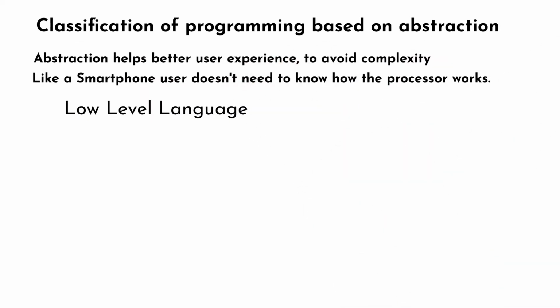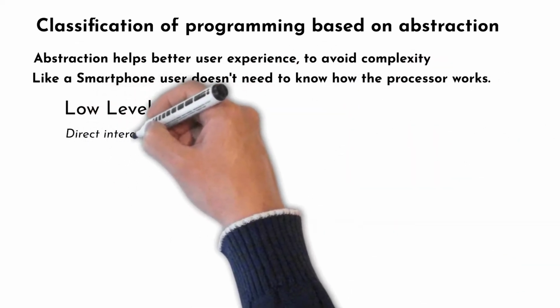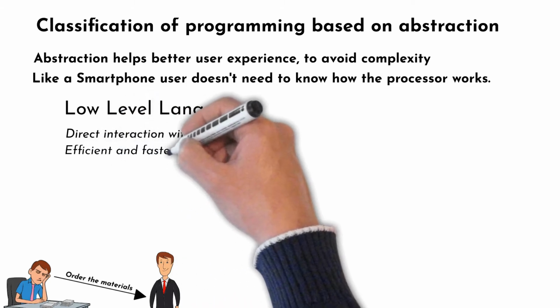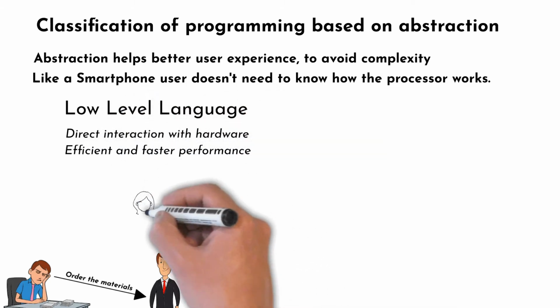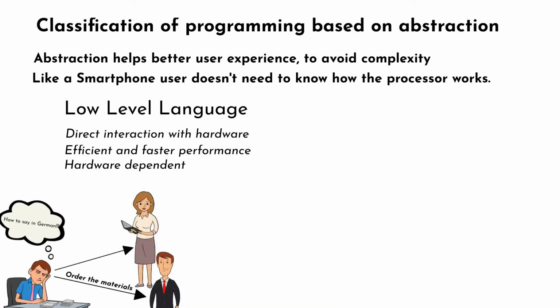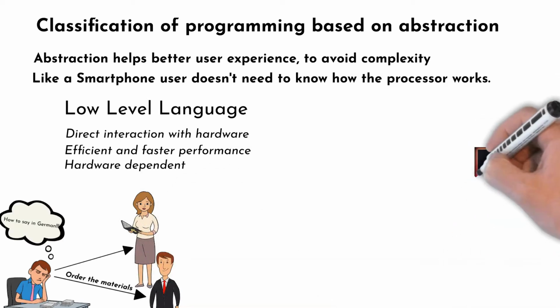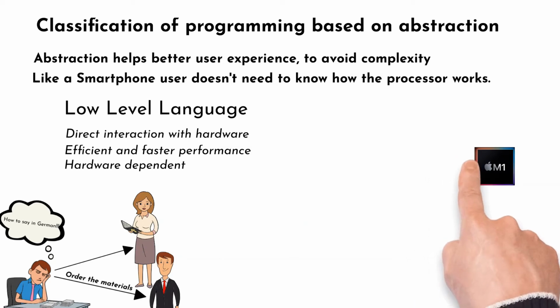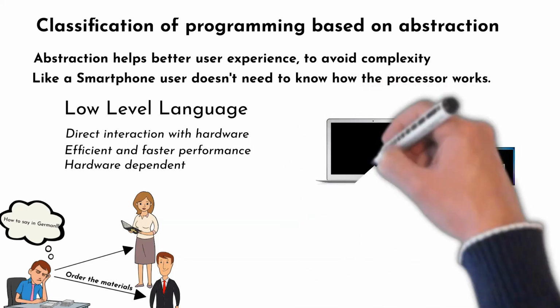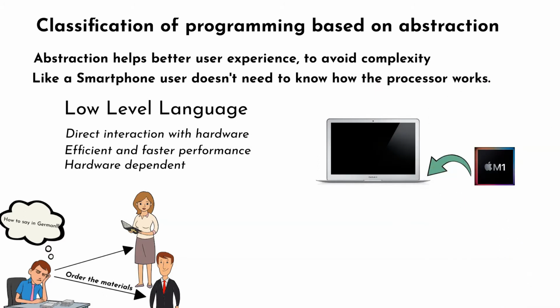Low-level languages are close to the machine-level instruction set, used to communicate with the machine directly. Thereby, it is efficient and faster. But as it talks to the machine directly, the same program cannot be used for different hardware. For example, Apple has introduced their first ARM-based SoC as CPU for their Macintosh computers, removing Intel processors.